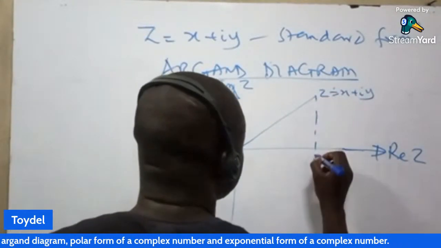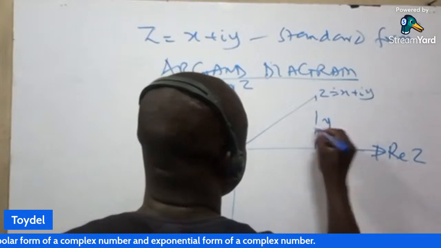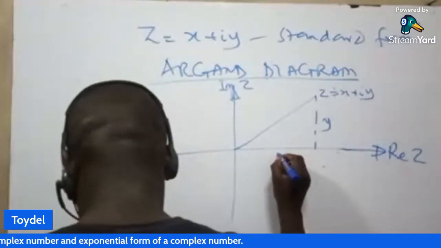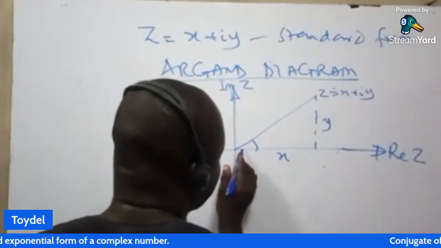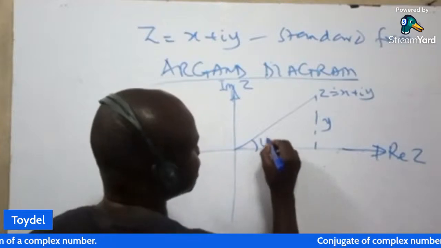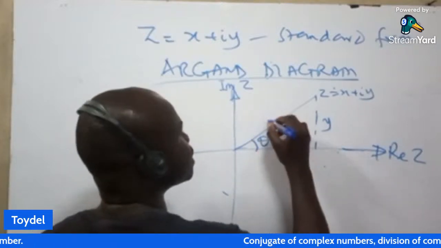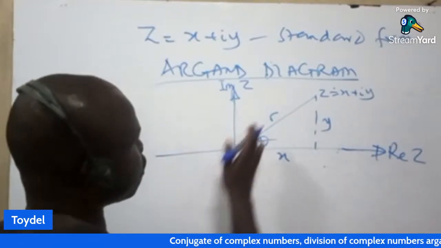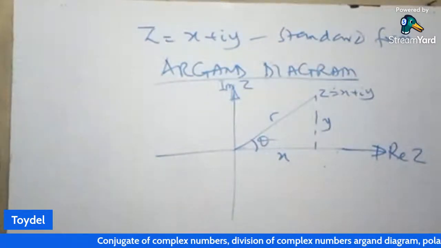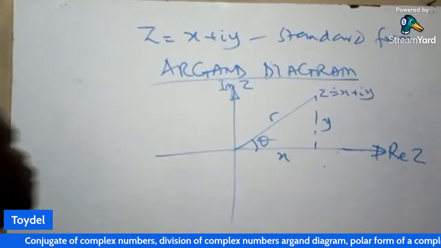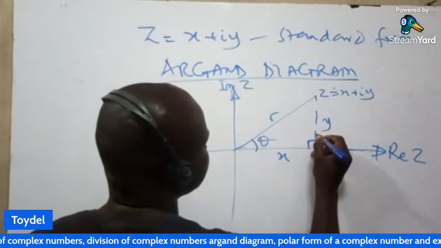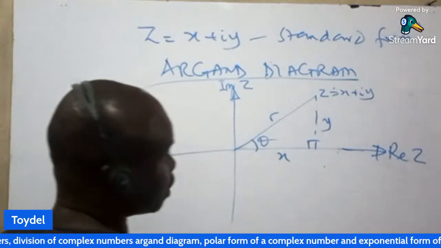If we trace this here, I'm going to have y here. Then here, I will get x. Then the angle of inclination here with the horizontal, let's represent it as theta, so that this line will be r, which is called the modulus. If you consider this triangle, it is of course a right angle triangle.